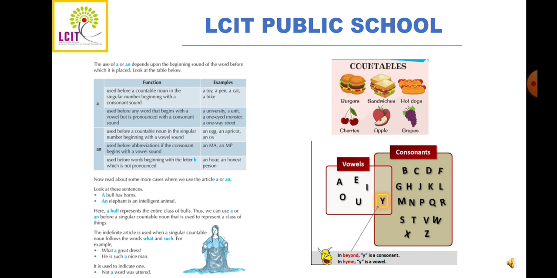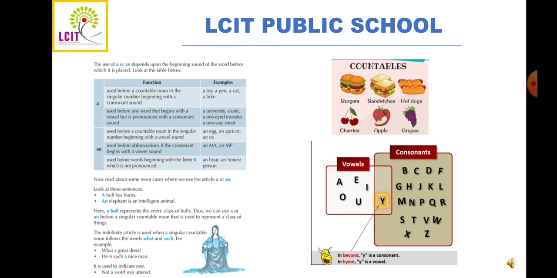If a letter is a consonant but the sound is a vowel sound, we use an in front of it. It is also used before words beginning with the letter H which is not pronounced. Take the word hour, H-O-U-R. It starts with H, but it is pronounced as our, not how-er. So H is silent here and the vowel sound is pronounced. So in front of that, what will we use? We will use an.